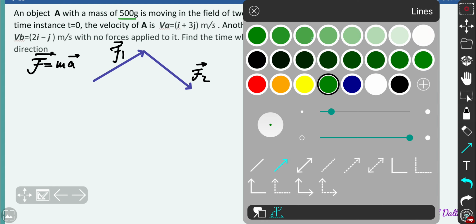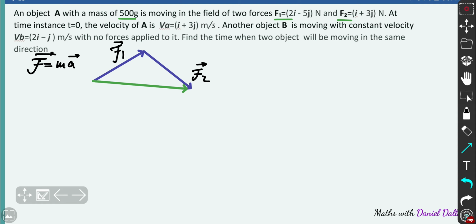However, we are not going to add in this way because we're given components, and it's much easier to do it through components and not even draw. So F1 plus F2 is going to be the resultant force that acts on the object A, so I mark the resultant force as Fa.